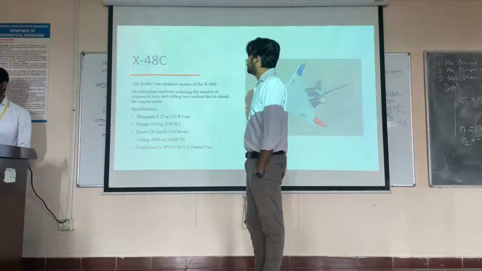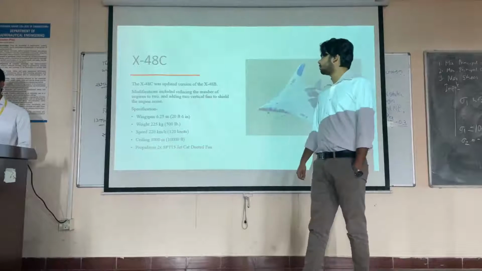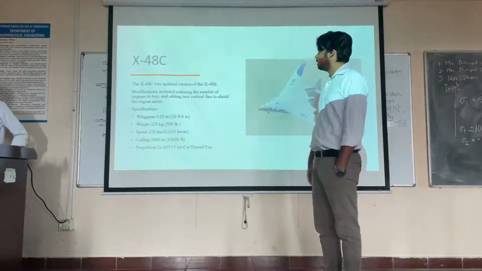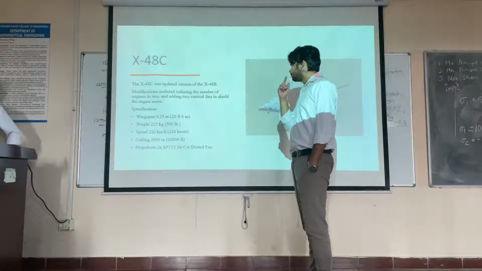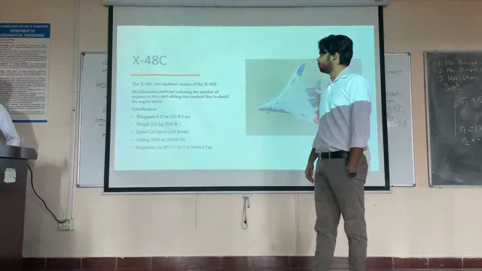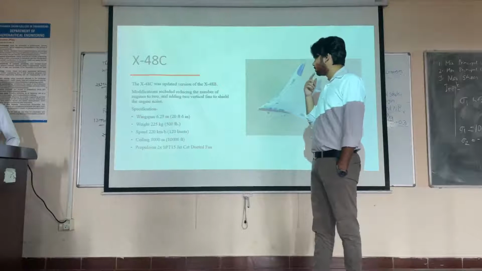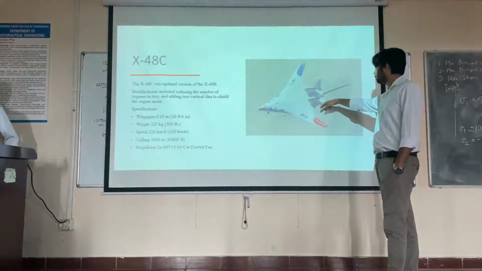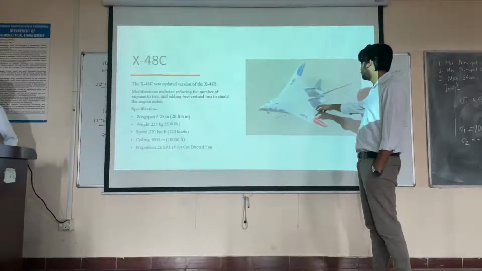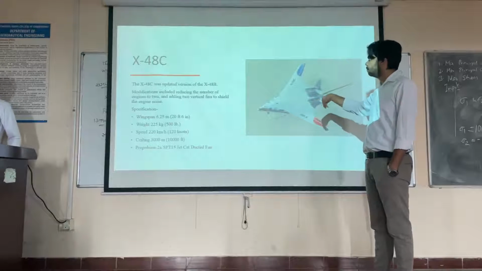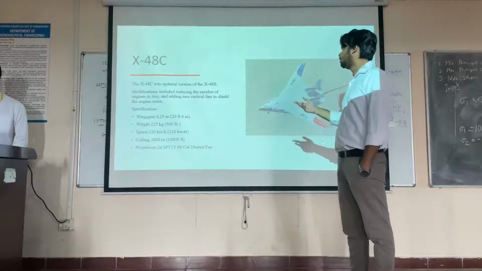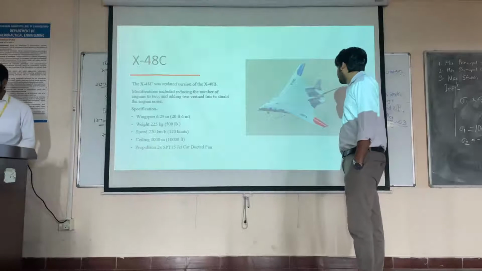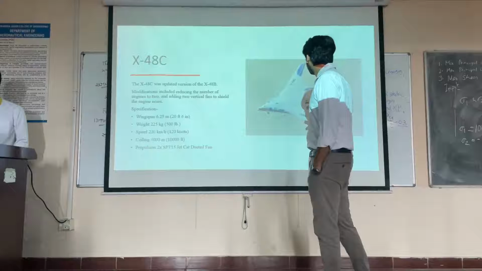Now coming to the X-48C. It is the advanced version of the X-48B. In this prototype they made some upgrades: they added 2 fins to reduce the noise, and they reduced the engines to 2, whereas the previous model used 3 engines.